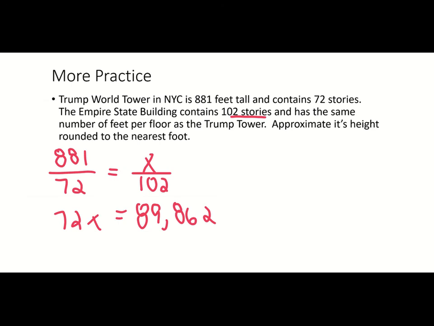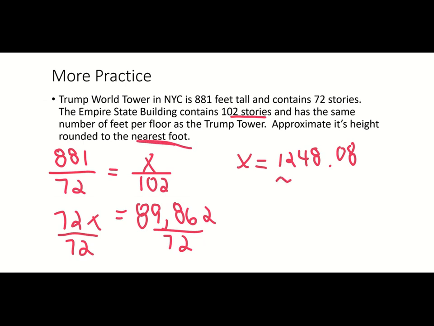And then next we're going to divide by 72. And when I do this, I end up with x equaling 1,248, and there's quite a decimal afterwards, but they ask to the nearest foot, so it's approximately 1,248 feet tall.